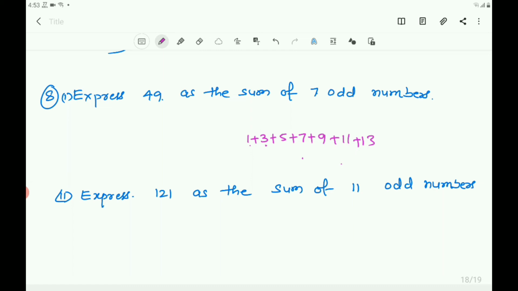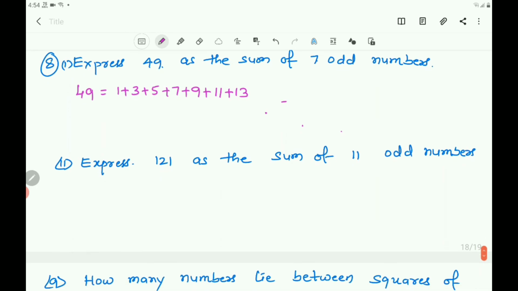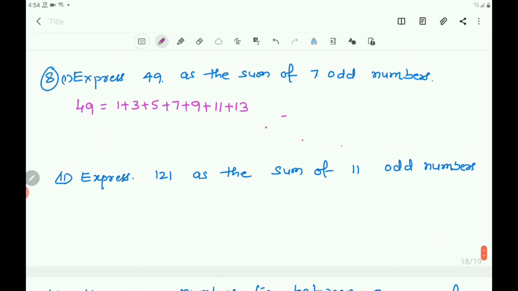So what you can write here is 49 equals 1 plus 3 plus 5 plus 7 plus 9 plus 11 plus 13. Next one, express 121 as the sum of 11 odd numbers.